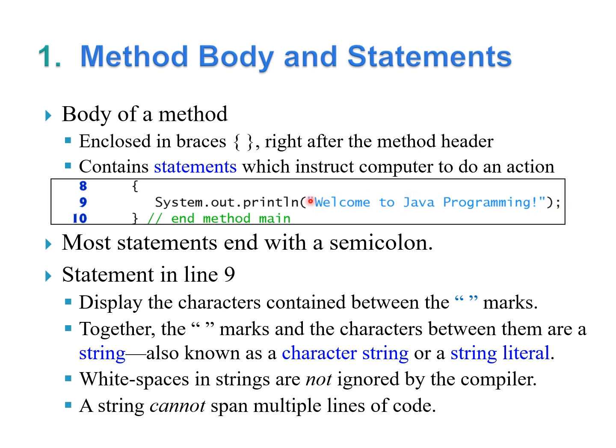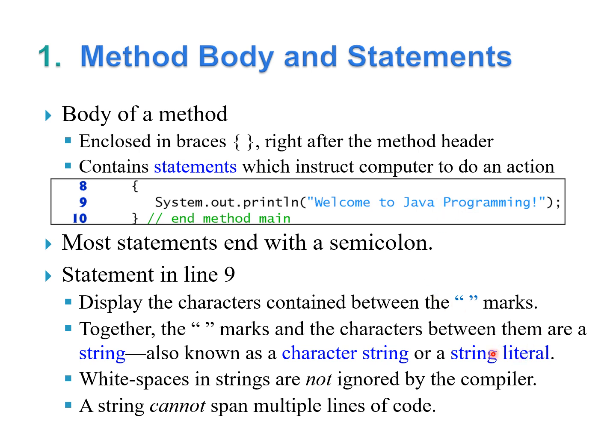The body of the main method in our Welcome1 program has only one statement, which is in line 9. This statement displays the characters contained between the pair of double quote marks. Together, the double quote marks and the characters between them are a string, which is also known as a character string or a string literal.